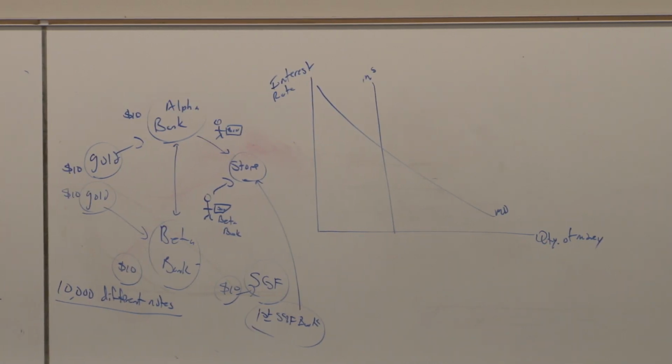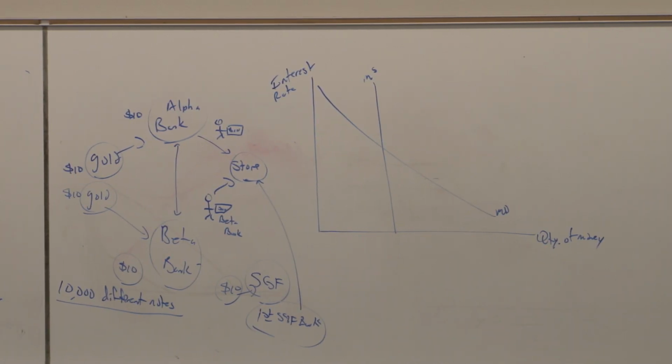You guys know when you get a dollar and you look at it, you can wonder, is this counterfeit or not? Now imagine there's 10,000 different types of notes from all kinds of banks all over the place. You have no way of knowing which one's good and which one's not.